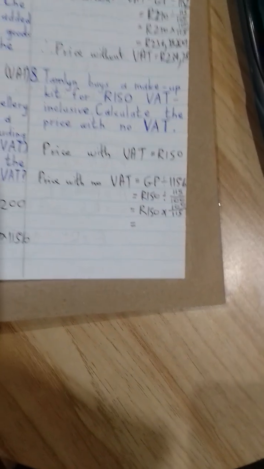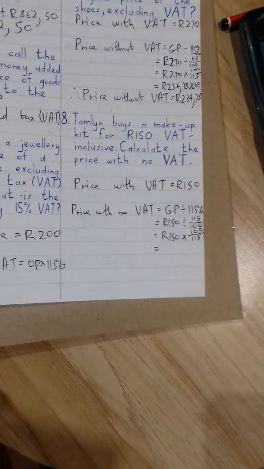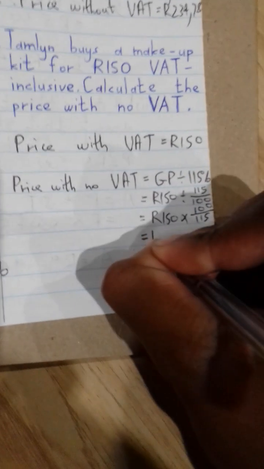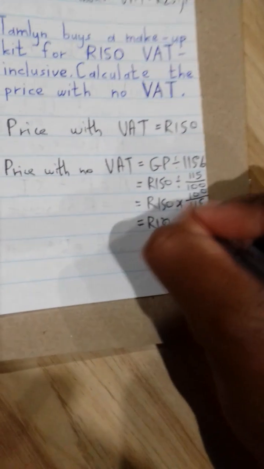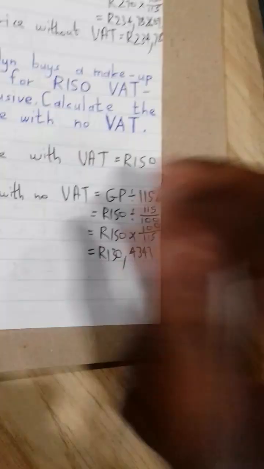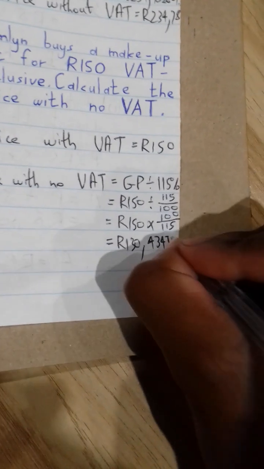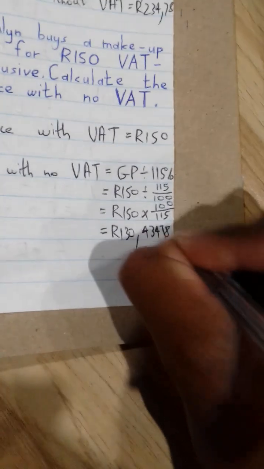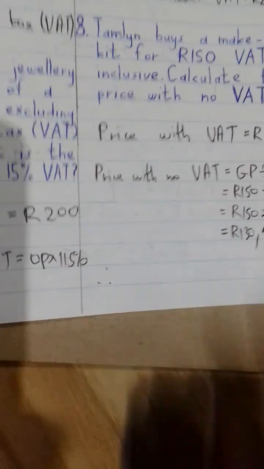I am getting 130.4347826. Remember, money is to 2 decimal places.